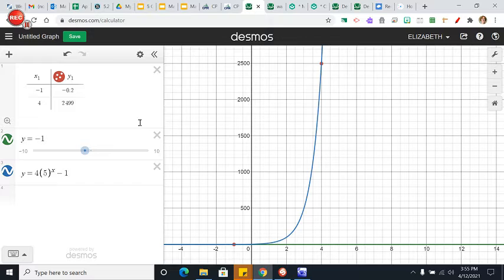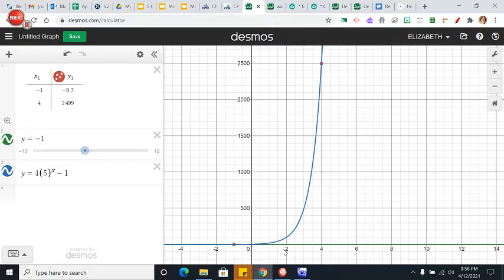And there it goes through our 2 points. I had put the 2 points into Desmos. It goes through those 2 points, and it does have an asymptote. It's kind of hard to see, but there's an asymptote at -1 just because the scale goes all the way up to 2500.